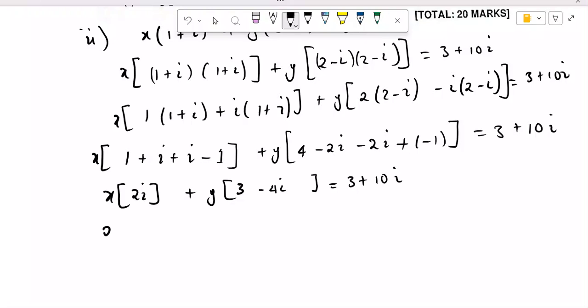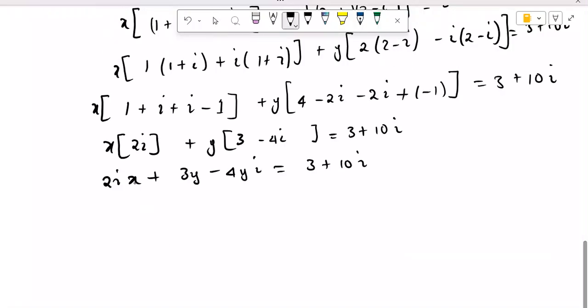So now this is just 2ix plus y by this, it will be 3y minus 4yi, equal to 3 plus 10i.